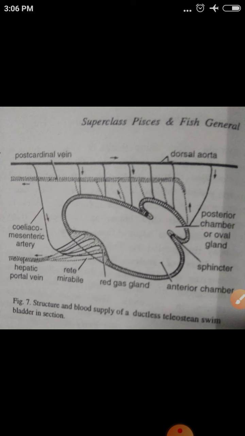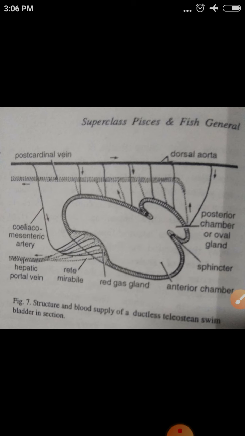Some fishes are able to produce sounds with the gases inside the air bladder by the use of special muscles attached to the air bladder. But the actual mechanism is not understood. However, some fishes can produce grunting, hissing, or drumming sounds.